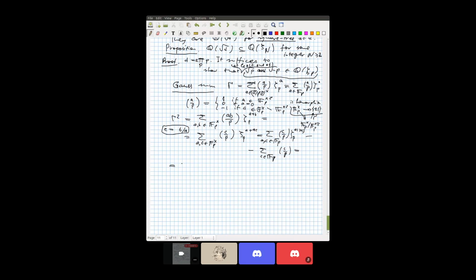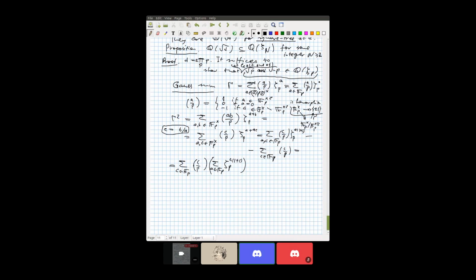So it will be a sum over all C in F_P of C over P. I'm just rewriting this. You don't really need to rewrite this; I'm just putting some brackets. Okay, and minus this, and this is 0.